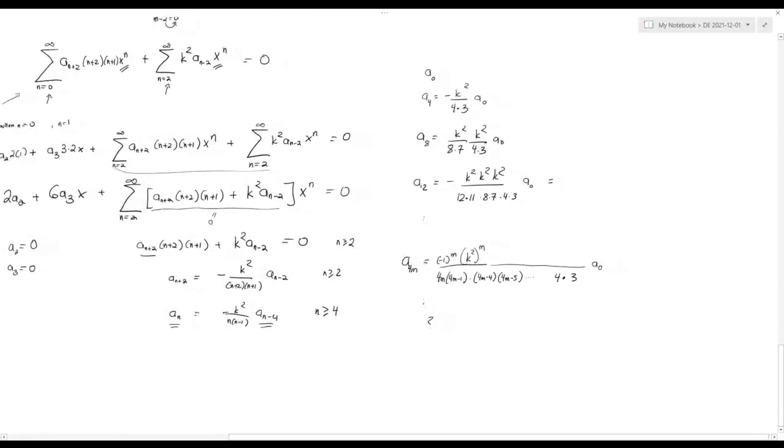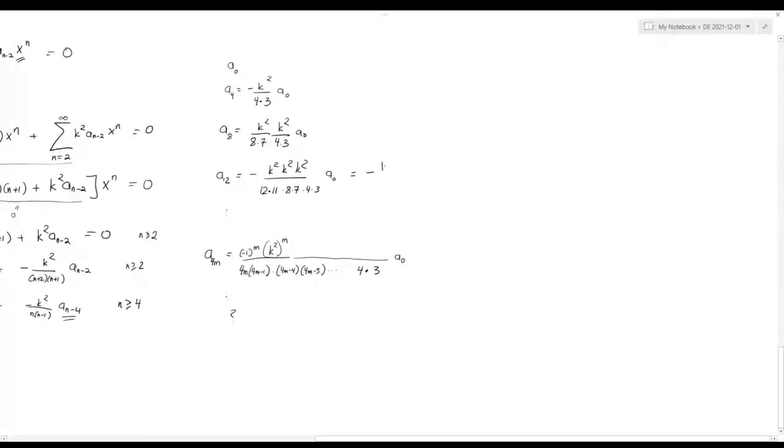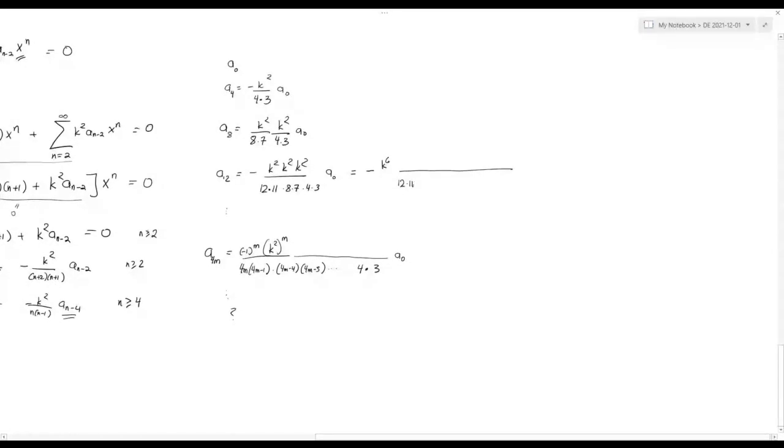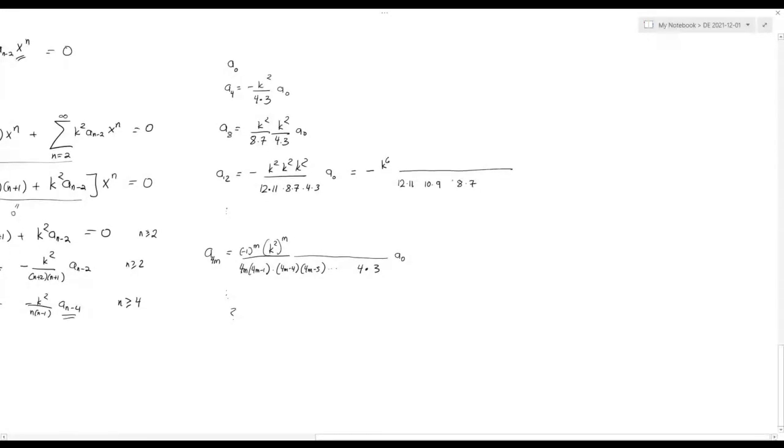I might just edit this out if it doesn't work out. So, but let's see. So 12, 11, we're missing a 10 and a 9. We have an 8 and a 7. We're missing a 6 and 5. But we have a 4 and 3. Okay, so I'll, of course, introduce those factors in the numerator as well.